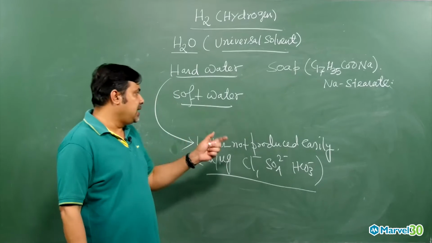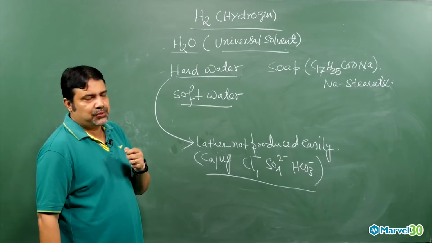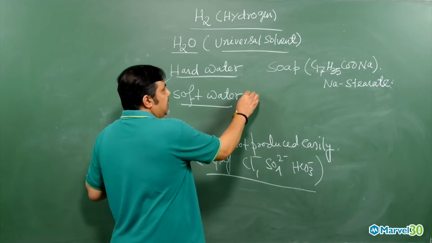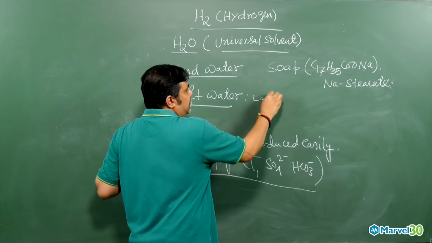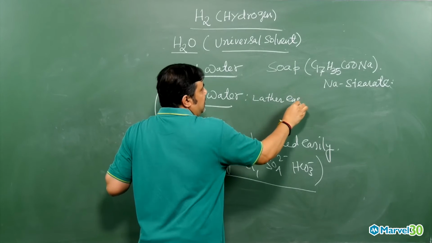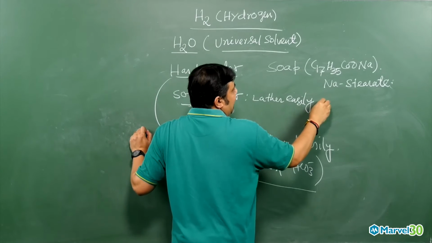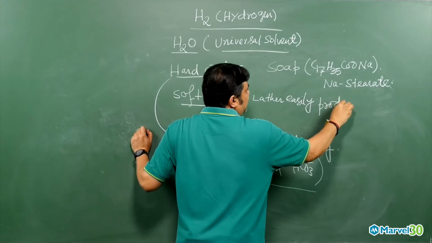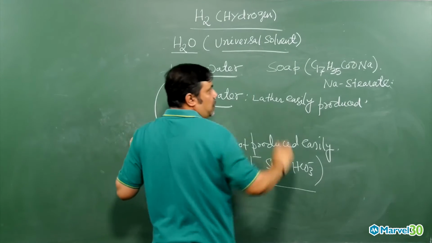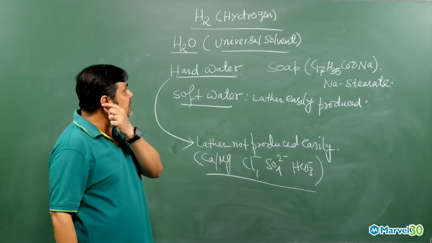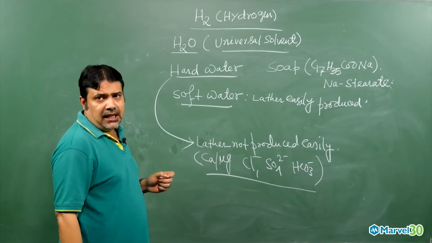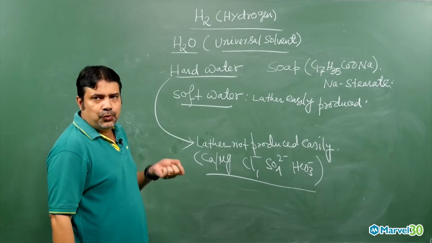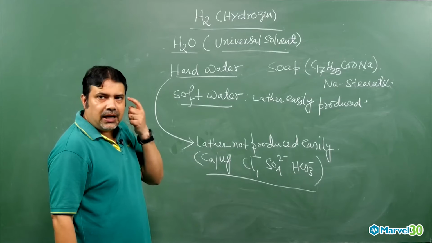So that is why the lather will not be produced. Whereas in soft water, lather is easily produced. That means when you put the soap, lather will be easily produced. So why is this happening? Now you will see, and then how we can remove this hardness of water, that we have to focus on.